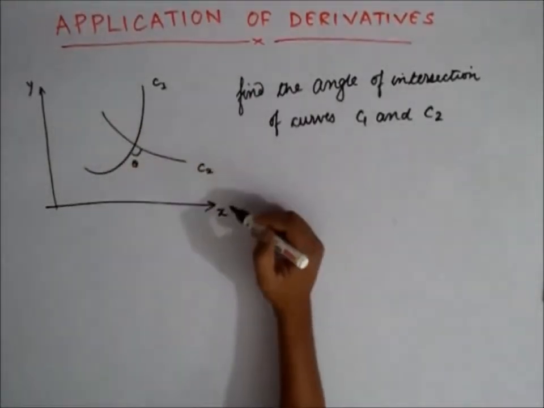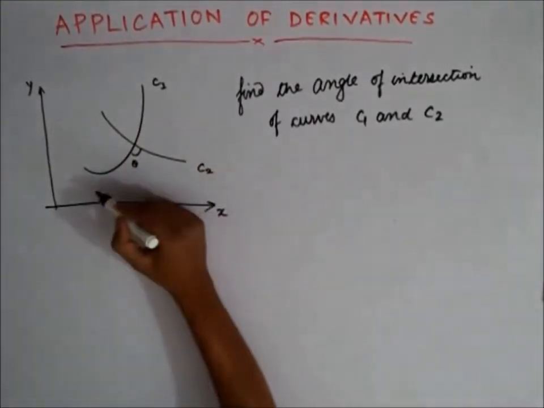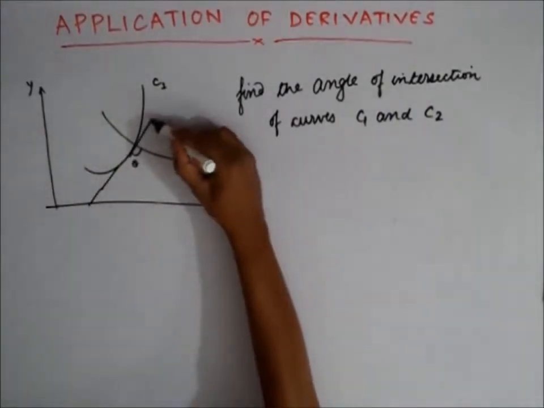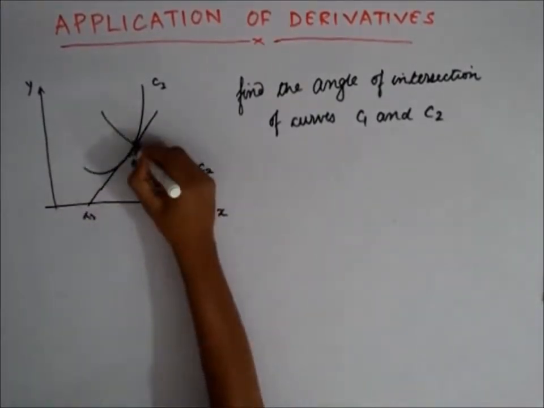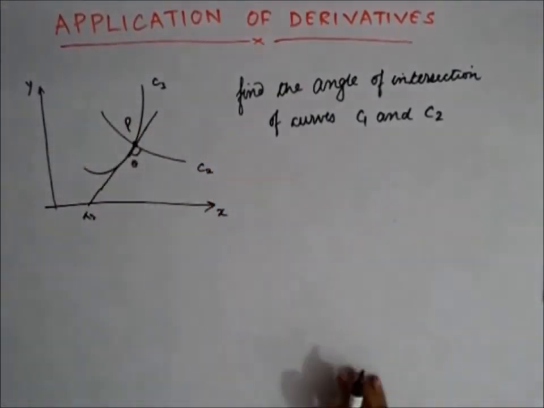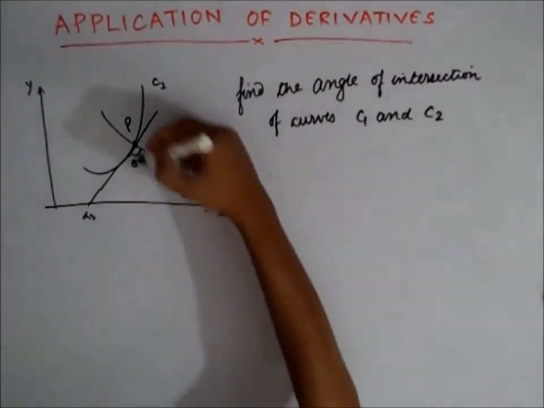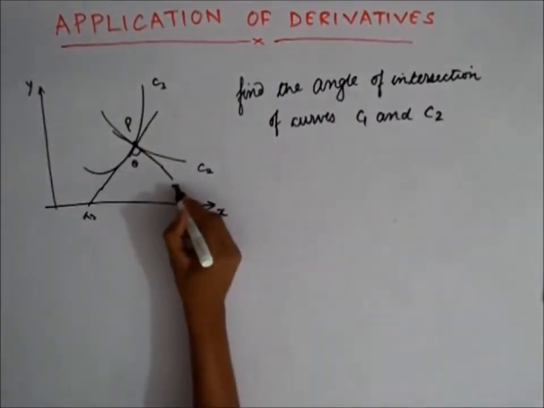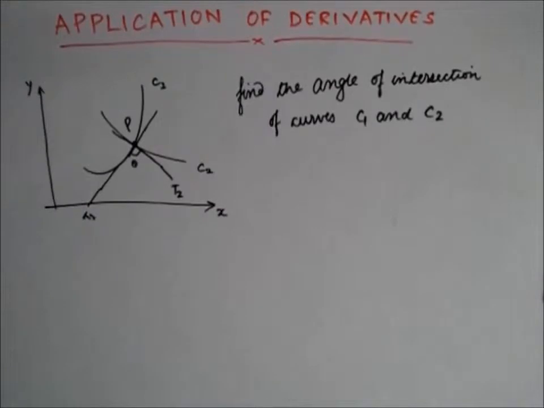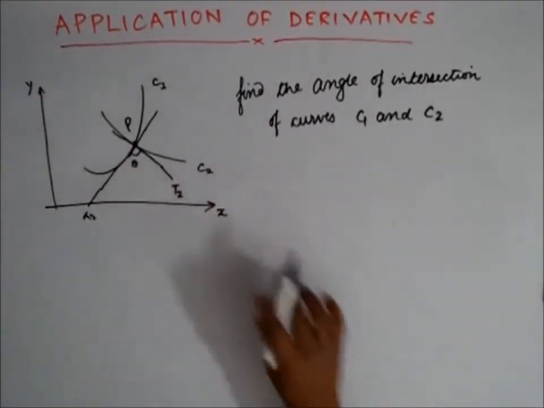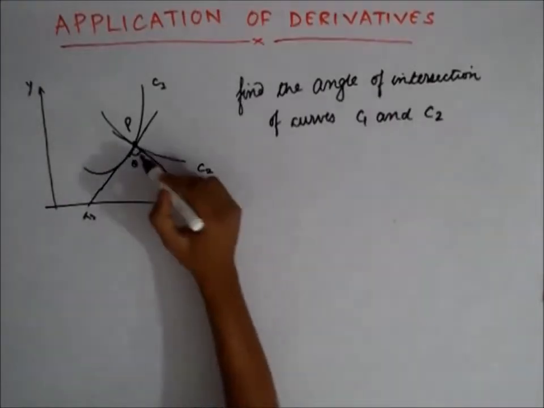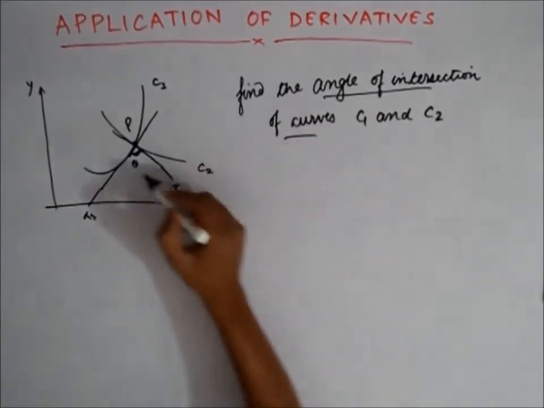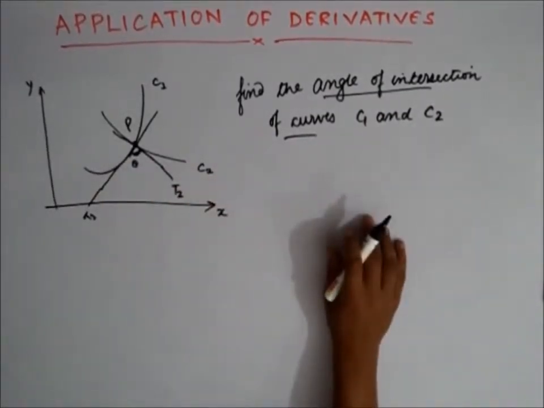So if these two are curves C1 and C2, I'll draw a tangent T1 to curve C1 at point P where the curves intersect, and I'll draw a tangent to curve C2, which I'll call T2, which again passes through the point P. Now I need to find this angle theta. So the angle of intersection of curves is basically the angle of intersection of their tangents at the point of intersection.